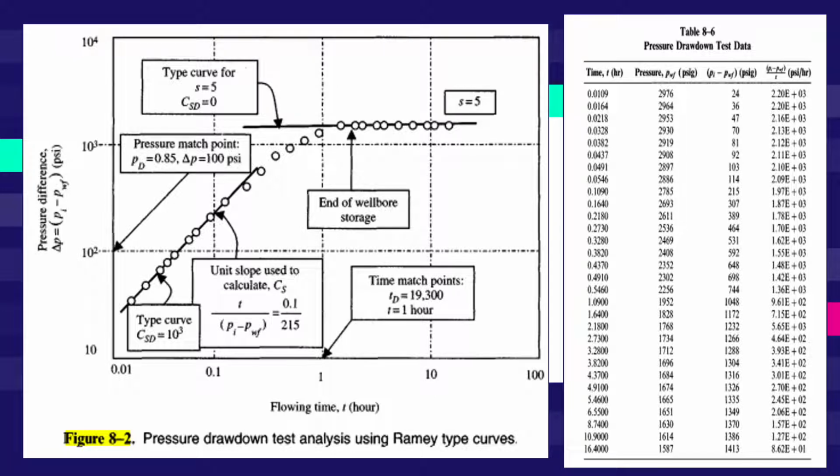Figure 8.2 shows the pressure drawdown test analysis using Ramey type curves, and Table 8.6 has the pressure drawdown test data, with time from 0.0109 to 16.4 and their respective values.